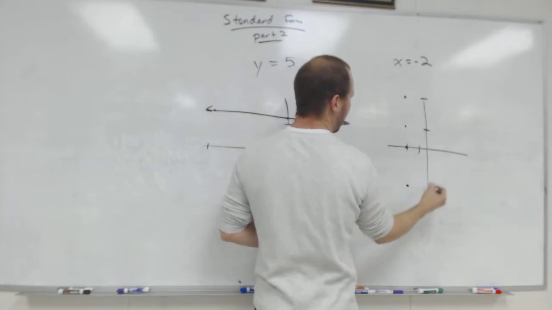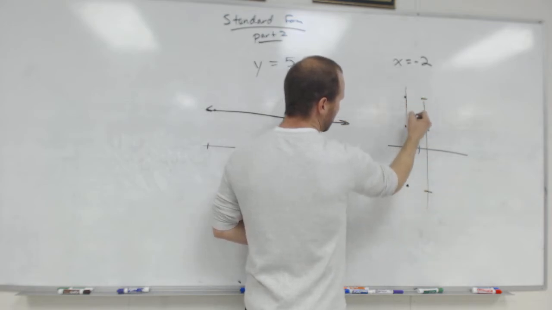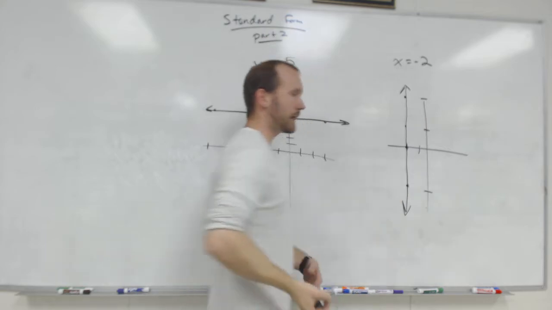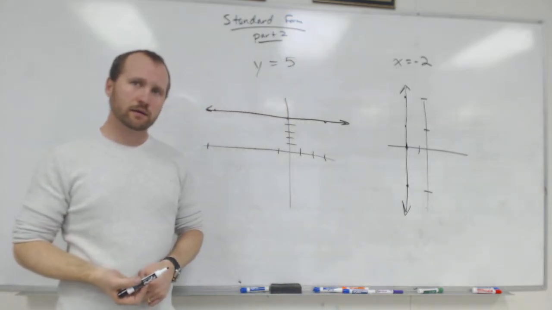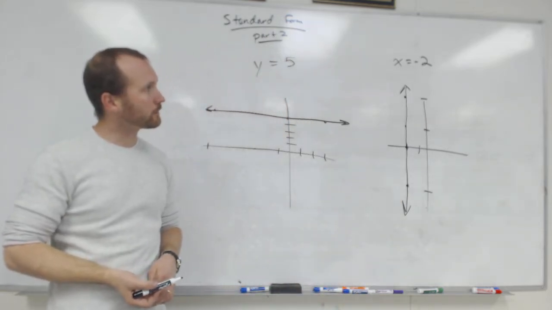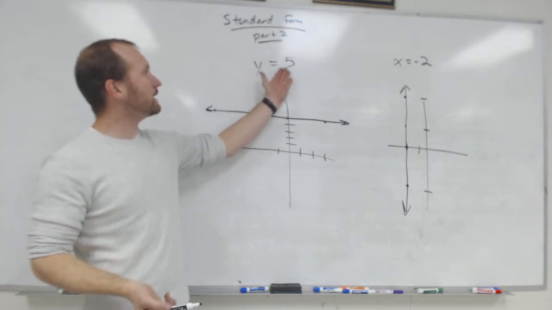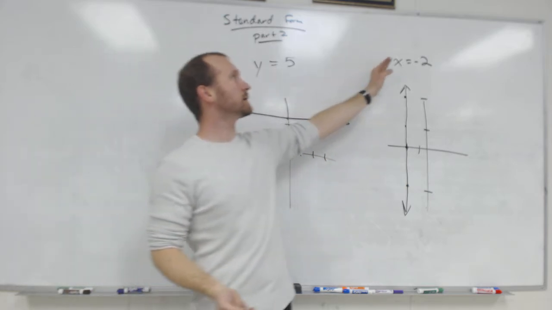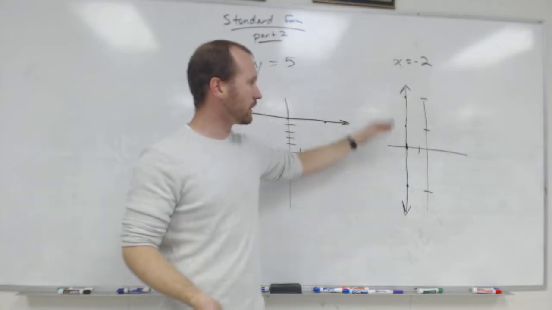So x equals negative 2 is a line like that. So when you see y equals, you're thinking of a horizontal line, and x equals, you're thinking of a vertical.